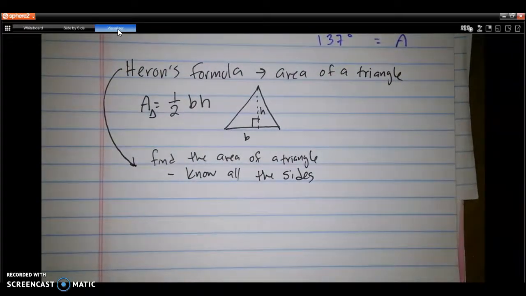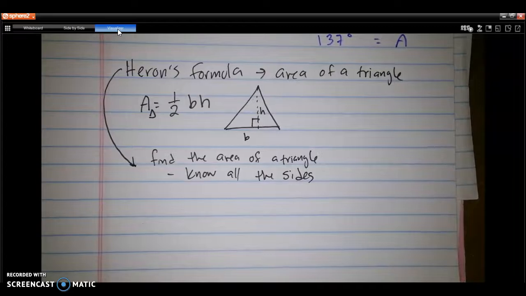So we don't need to know the height of the triangle. All we need to know is, well, the sides. And you can see why we've built up into this, because, well, we know how to solve for sides of a triangle. We know how to solve a triangle.